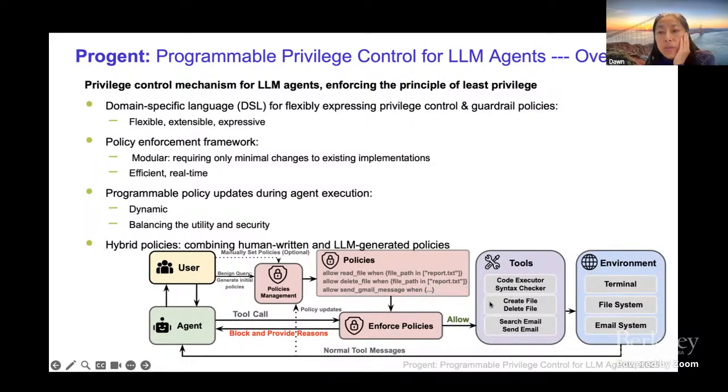And also, given the results from the environment, it will also dynamically update the policies as needed.